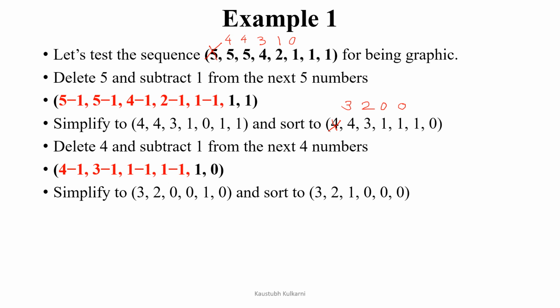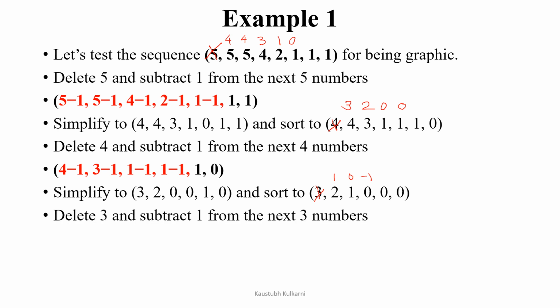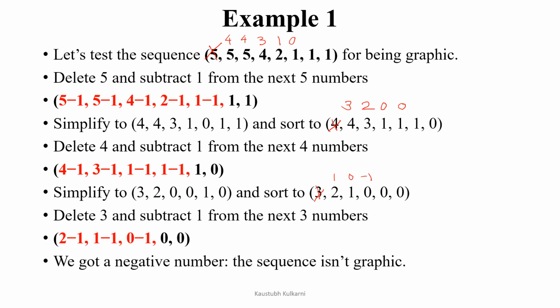Again we perform the same step: delete 3 and subtract 1 from the next three, which becomes 1, then 0, and then the last becomes minus 1. One obvious condition for a sequence to be graphic is that no vertex can have a negative degree. Therefore this sequence is not graphic.